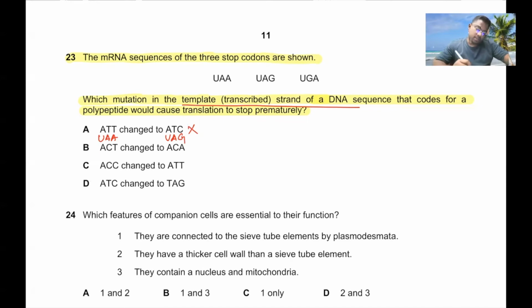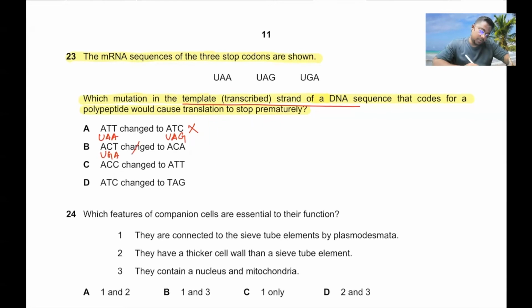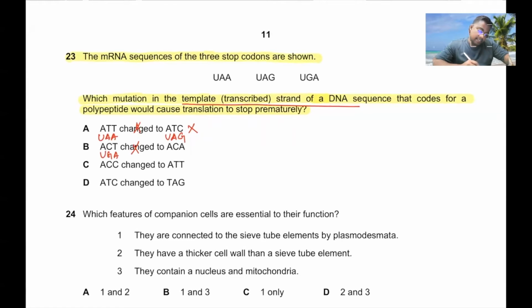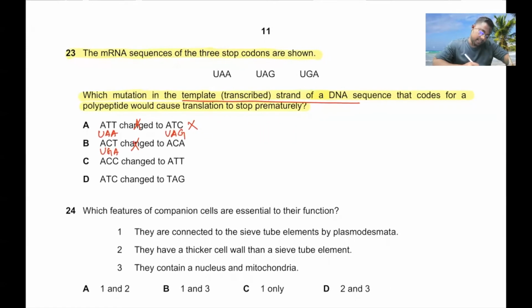So this is not going to stop prematurely. ACT changed to ACA will be UGA. UGA is already a stop codon, so it should be cancelled. ACC is UGG, which is not a stop codon.